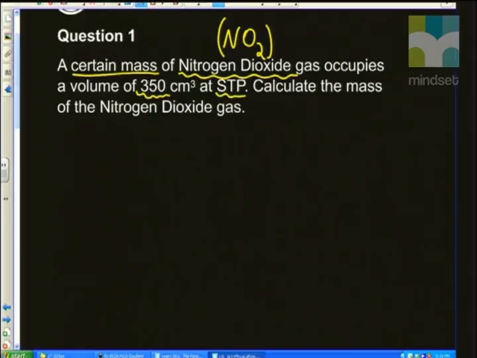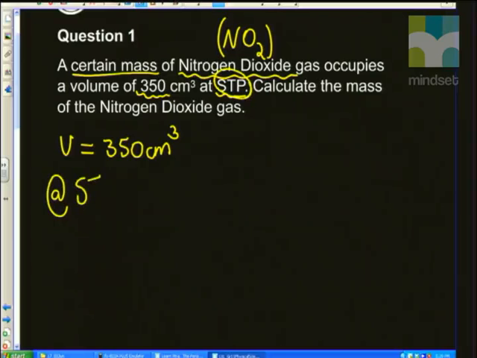Now we are given the volume that is occupied by the gas. We are also given the type of the gas. We are also told that this gas is at STP.